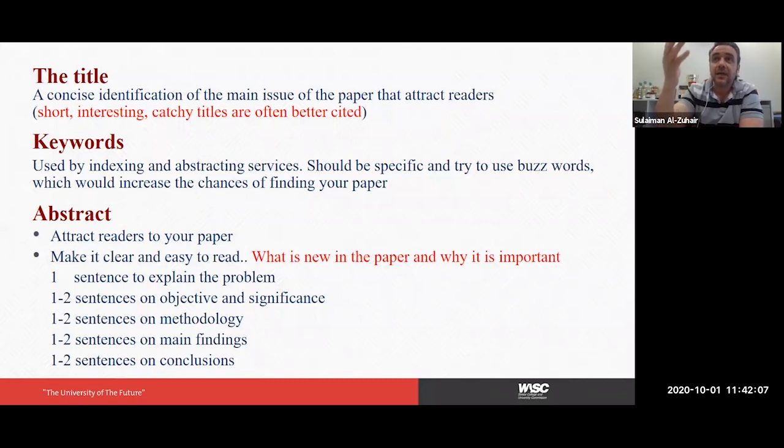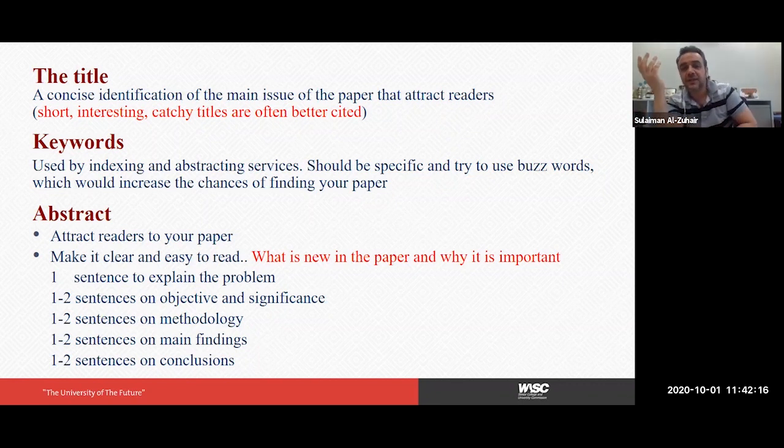But if you say, finding that increasing the temperature will result in decreasing whatever, that's not a good title because that says the story. So reading that, I know what this paper is all about. But try to have it catchy.